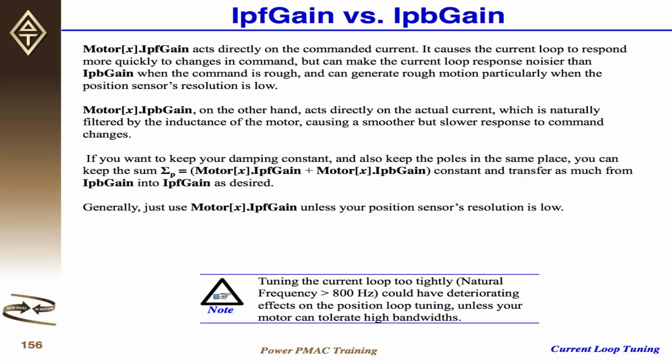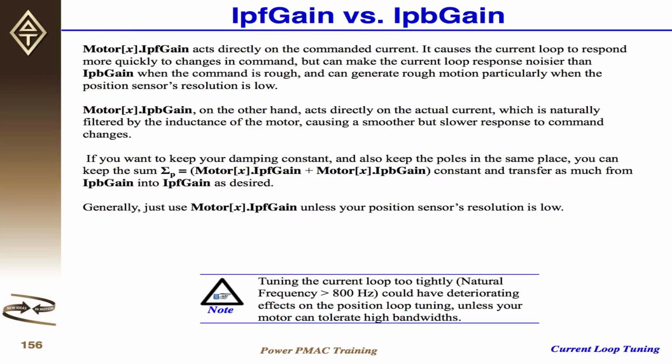IPB gain, on the other hand, will act on your actual current. So if you have a low resolution sensor, you can use the actual current, which is just what's coming out of the motor, and this is naturally filtered by the motor's characteristics, like the inductance and so forth. So the actual current will generally always be smoother than the commanded current in the case of a low resolution sensor.